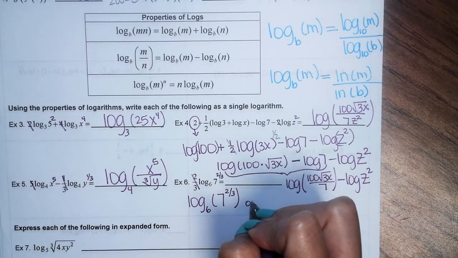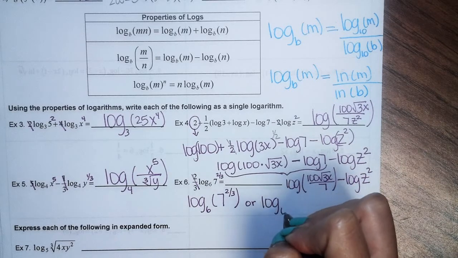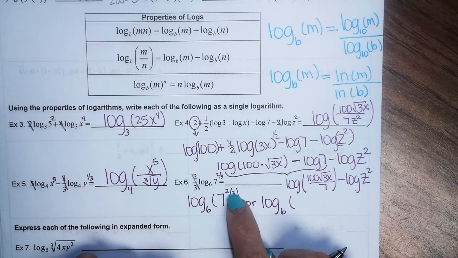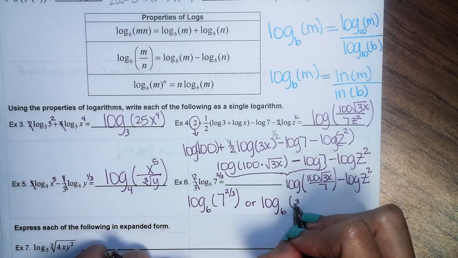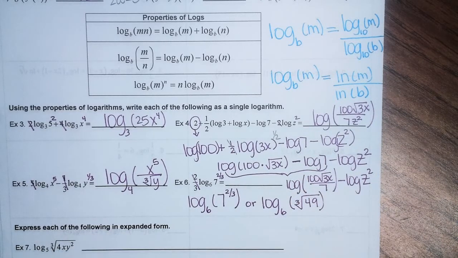Or if it's multiple choice, you might see it as log base 6 of, I'm going to change this fractional exponent as a radical, cube root of 49. The reason why it's a cube root of 49 is because the denominator of 3 becomes the root, and then the square, you have 7 squared, which is 49.